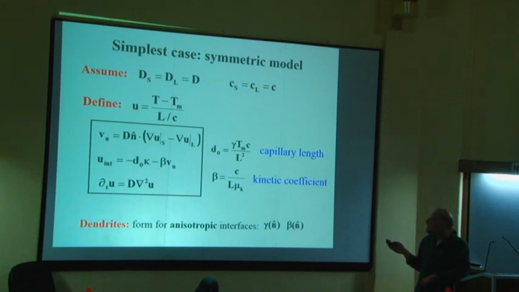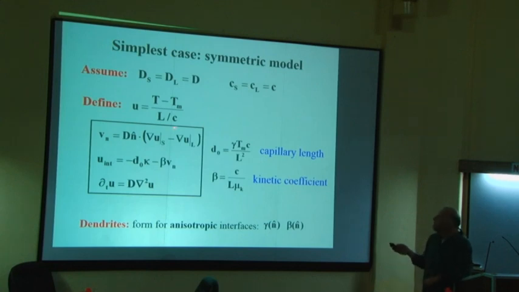Then the specific heat largely falls out of the equations. And you define a dimensionless temperature field like this. It's the difference of the temperature with respect to the melting temperature divided by this ratio of latent heat and specific heat, which has the dimension of a temperature and which is a material-specific parameter.